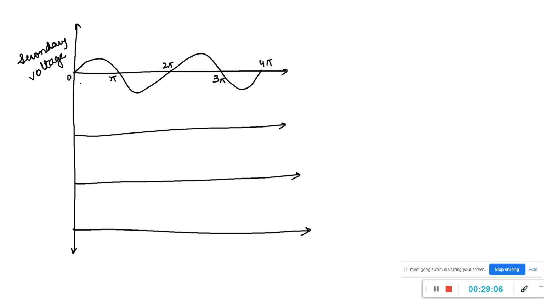Secondary voltage. At this point the diode is on. At this point the diode is off.